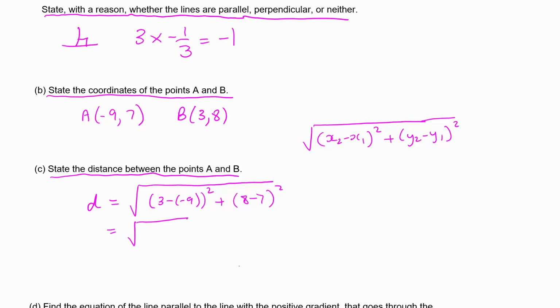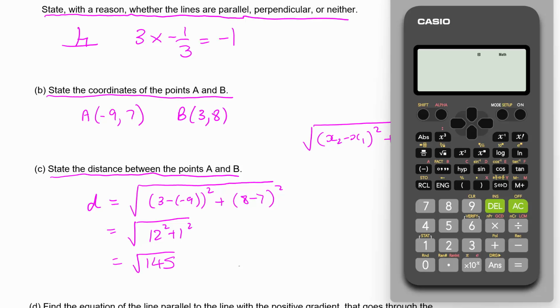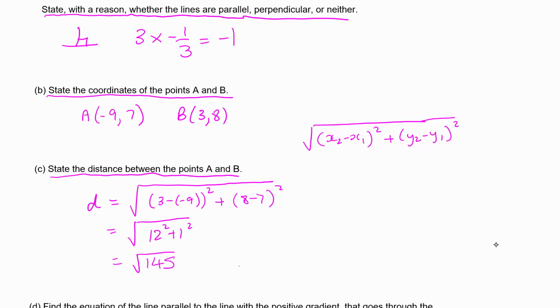So that is the square root of 12 squared plus 1 squared, which is the square root of 145. No real need to give that as a calculator answer. But if you do, it's the square root of 145, which is 12.04.